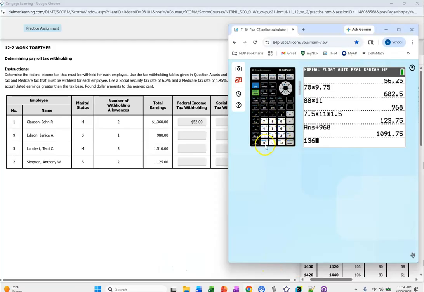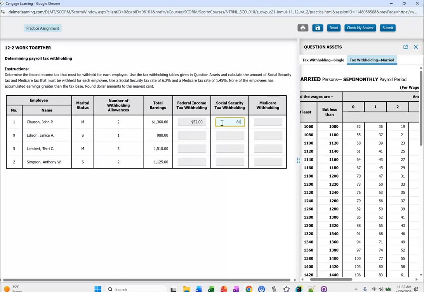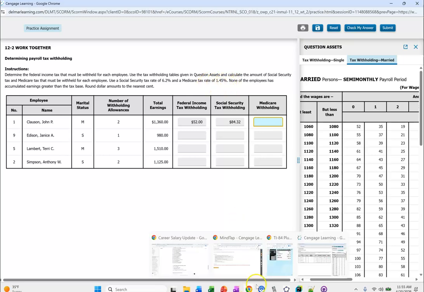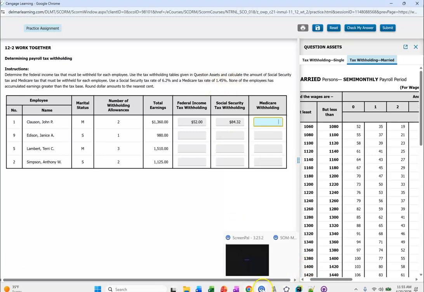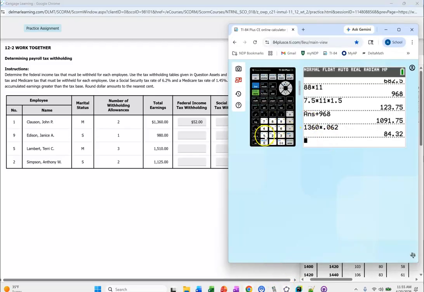So 1360 times 0.062. So 84.32. And it says the Medicare withholding is 1.45. So 1360 times 0.0145. So 19.72.